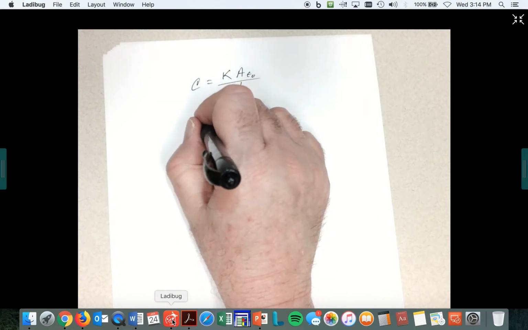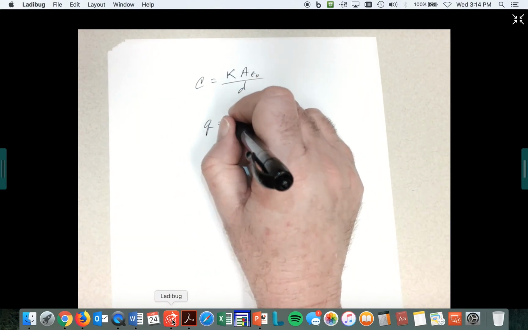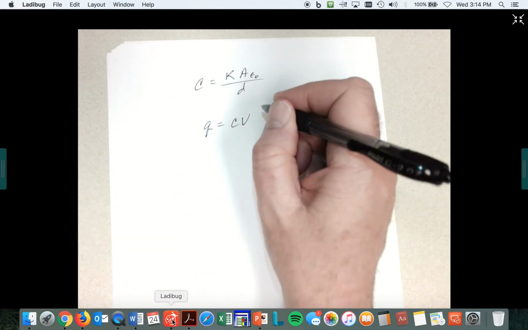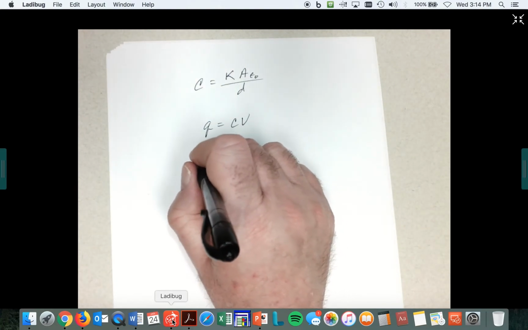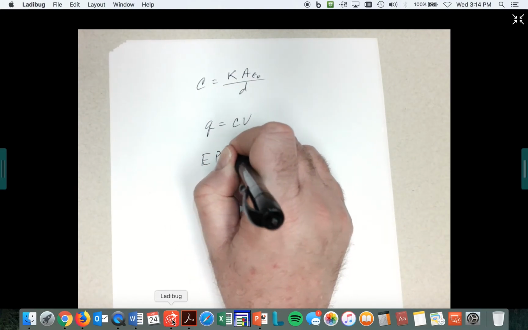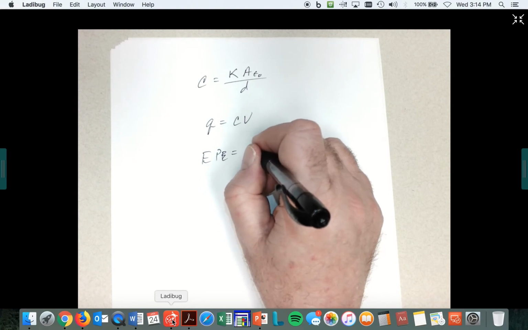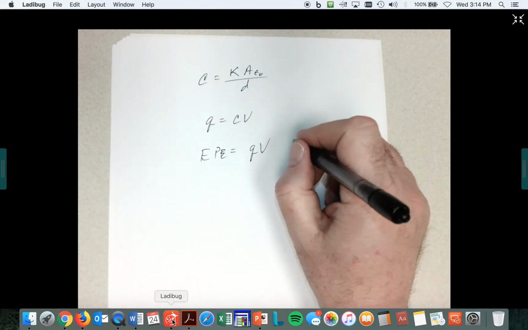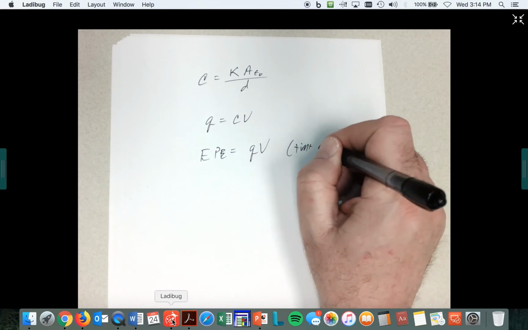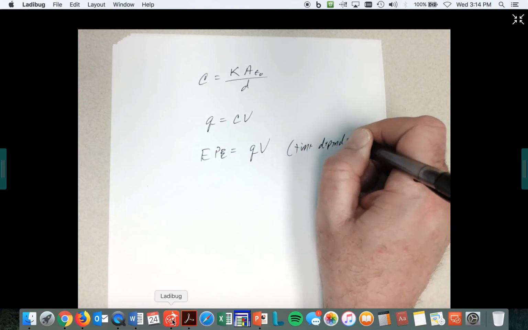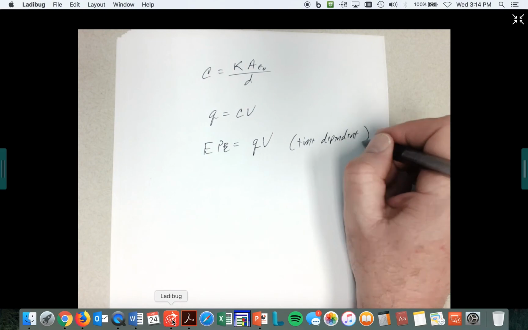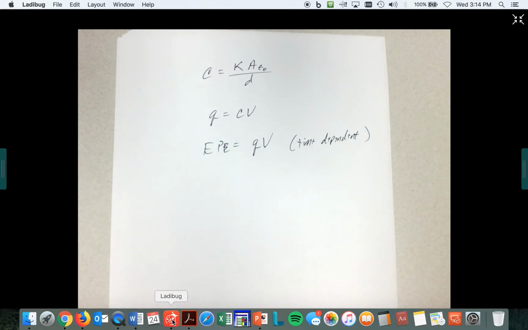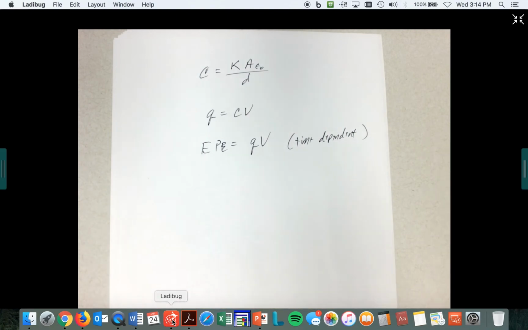We know that Q is equal to CV, and we also know that the electric potential energy is equal to Q times V, except for parallel plates, because they're time dependent. They've got to charge up. They start from 0 and go to their maximum. So you got the average charge, which would be 0 plus the maximum divided by 2.